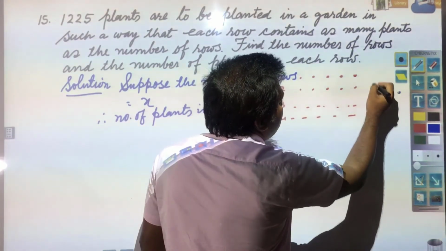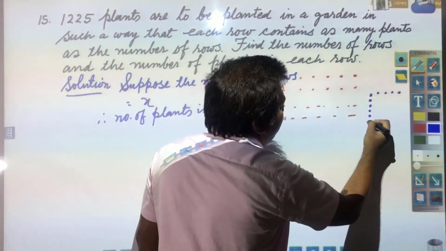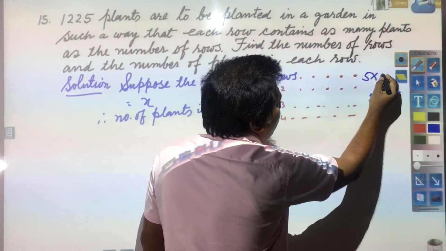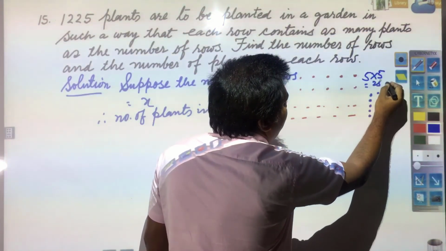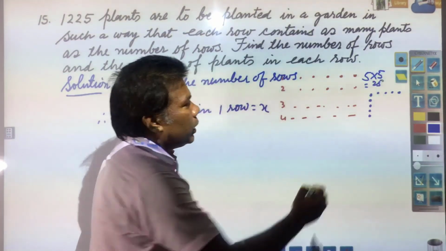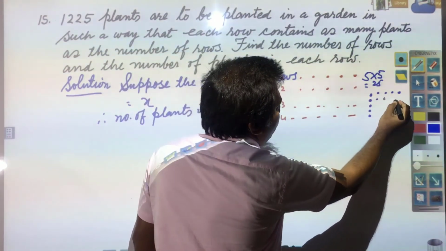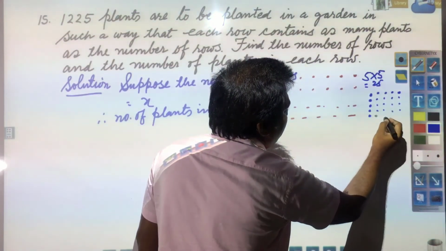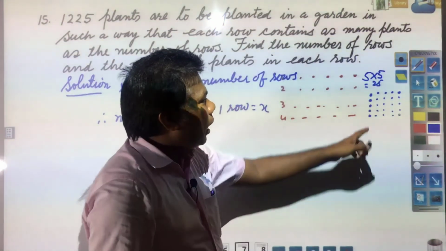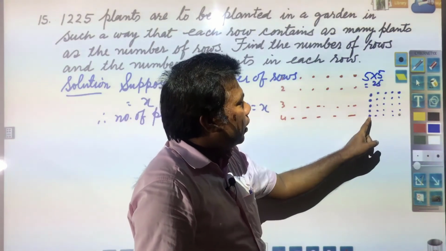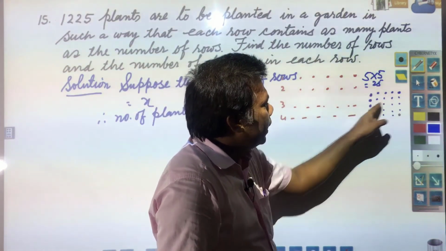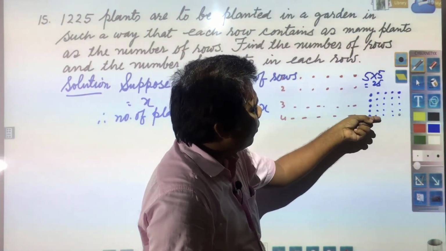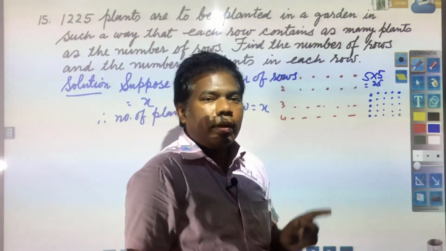Number of rows, 5, into number of plants in one row, 5, means total 25 you will have. Just check: 1, 2, 3, 4, 1, 2, 3, 4, and so on. 5 plants are there in each row. So, you can count or you can multiply 5 into 5, you will get 25.